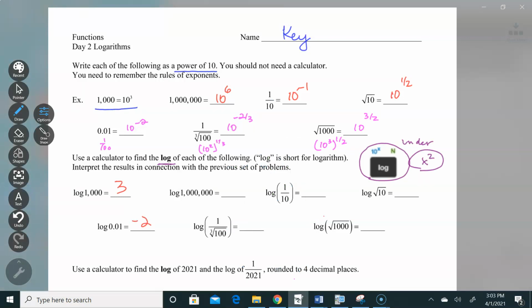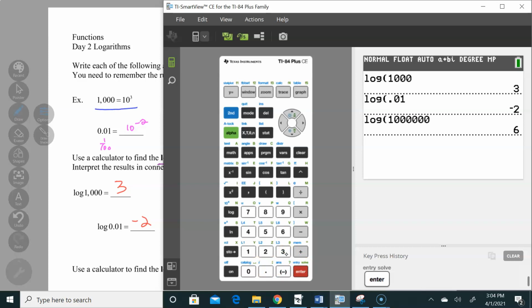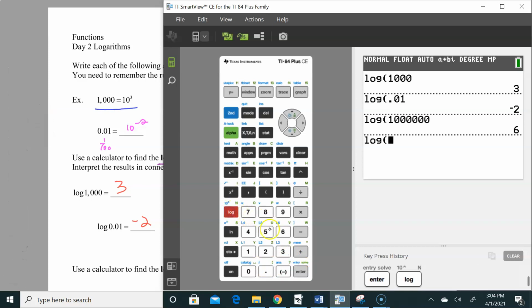I'm going to bring up the calculator, so I'm going to do some of these on the calculator. I'm going to do log of 1,000,000. I get that. The next one is going to be log of 1/10. I get that. And the last one is going to be log of the square root of 10.